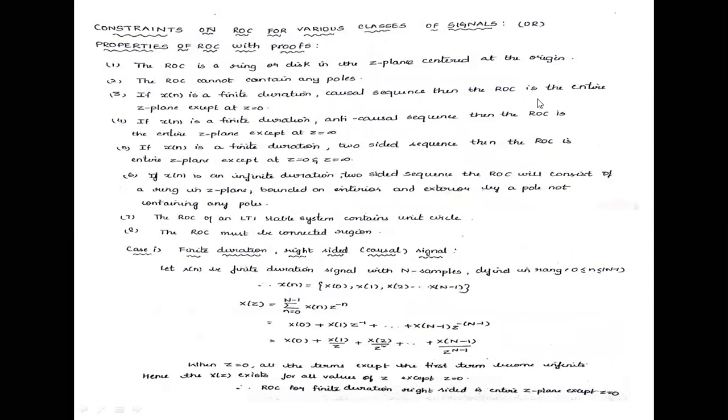You see, already we discussed that the region of convergence is a ring or disk in the Z plane centered at the origin. The region of convergence cannot contain any poles. If X of n is a finite duration causal sequence, then the ROC is the entire Z plane.